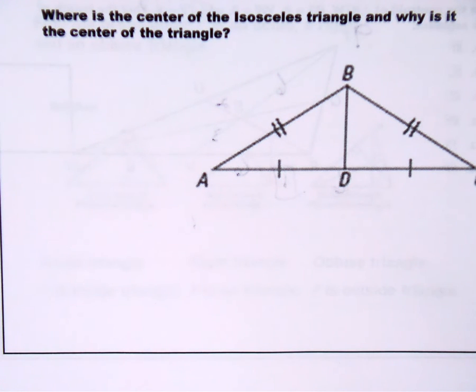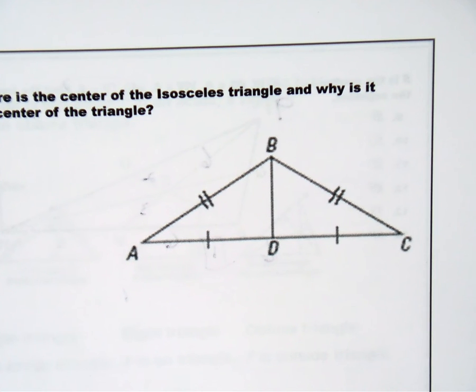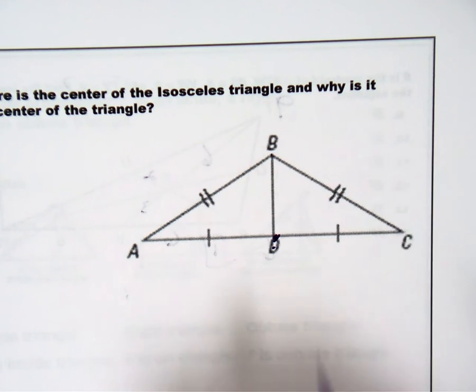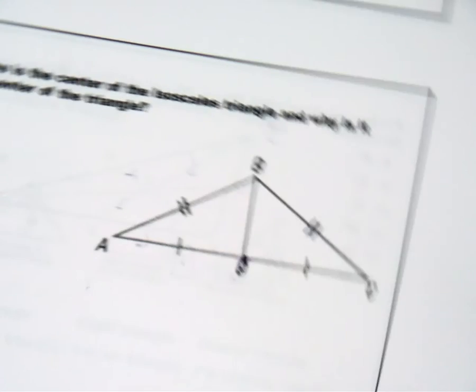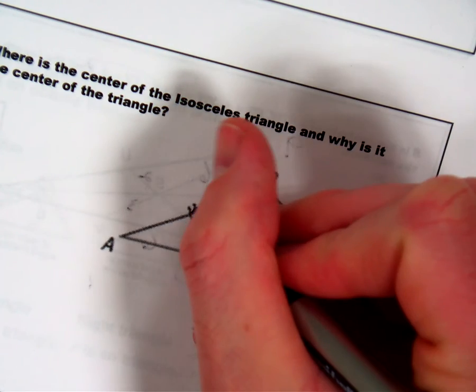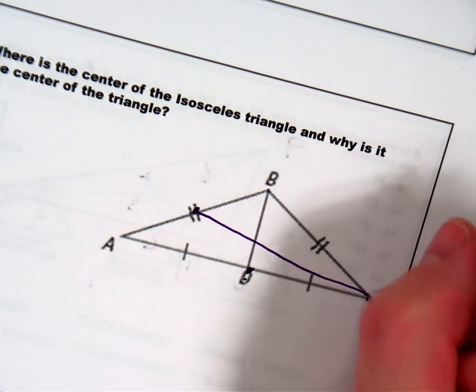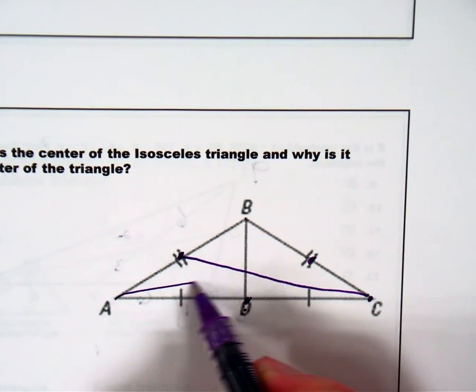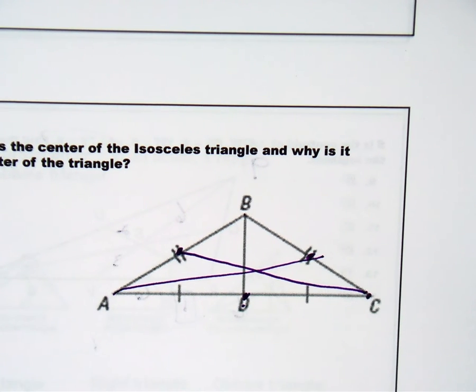Where is the center of the isosceles triangle, and why is it the center of the isosceles triangle? Okay, so we have an isosceles triangle. So far we have midpoint to vertex. What if we go midpoint to vertex here, and midpoint to vertex over here?